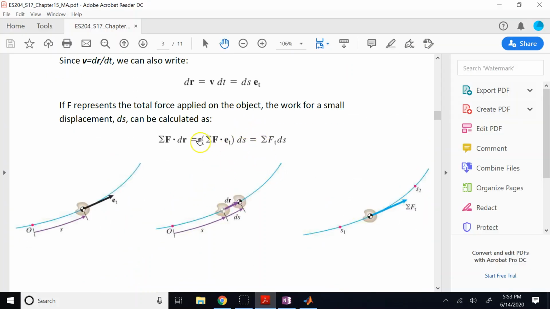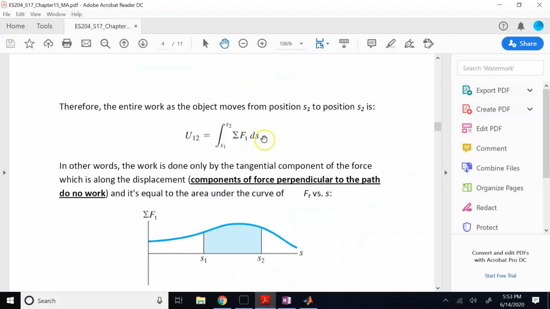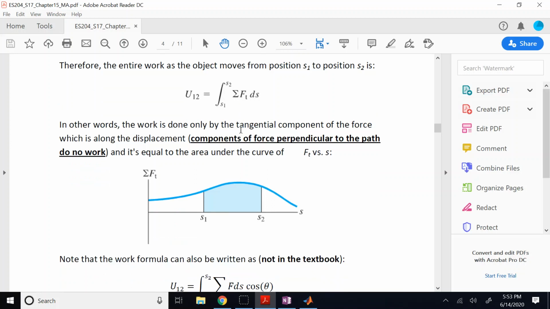And so if I do that, then I can say basically all the work done on the particle is coming from which component of the force? Right, the tangent component. If any force is normal to the path of the motion of the particle, it is not going to do any work. Only if it has a tangent component, it might do something.